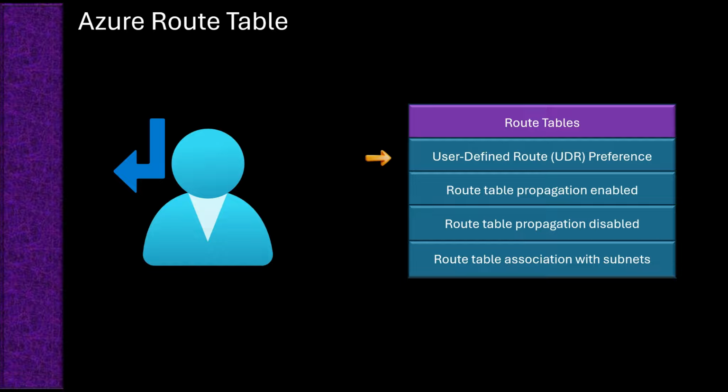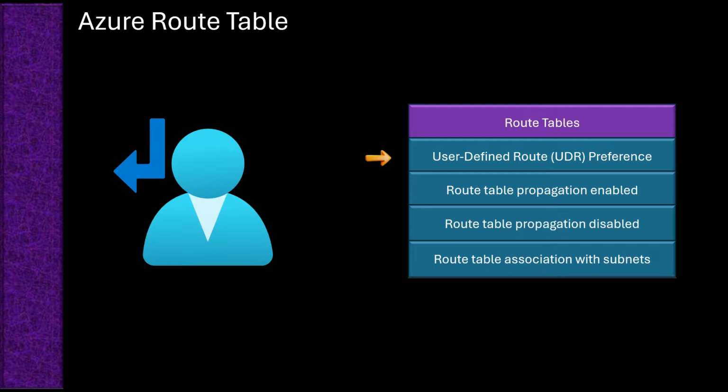A route table may contain a set of UDRs. When you have many UDRs in the route table, the most specific route wins. Azure follows the most specific route available, regardless of whether it's a system route or a UDR.